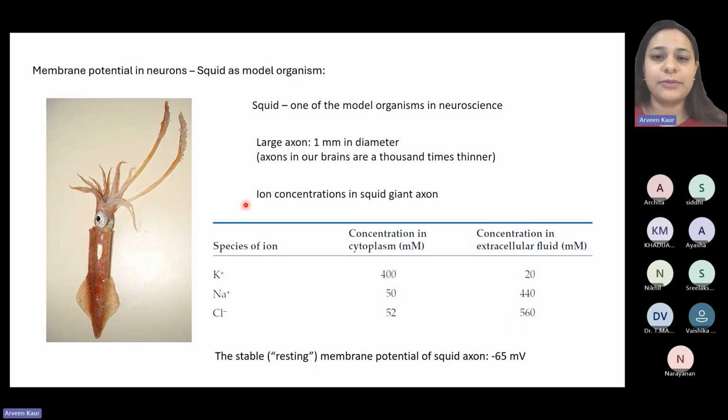studying this particular animal will also help you understand how it might have been decided that these are the two ions that are going to have more concentration outside, and this is the ion that is going to have more concentration inside, right?